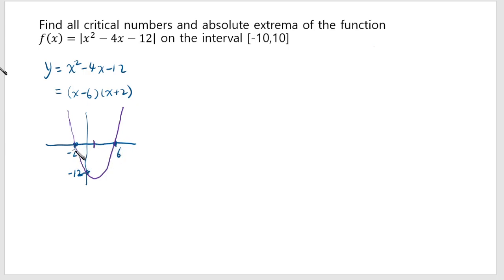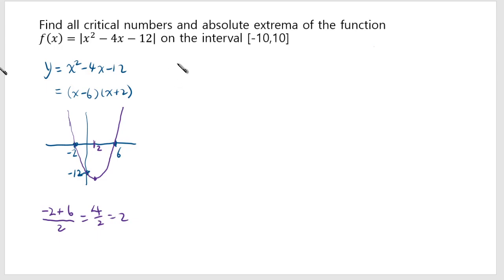So what's the midpoint of negative 2 and 6? That's the average: add negative 2 and 6, divide by 2, so that's 4 over 2, which is 2. So that's the graph of y equals x squared minus 4x minus 12 without the absolute value.